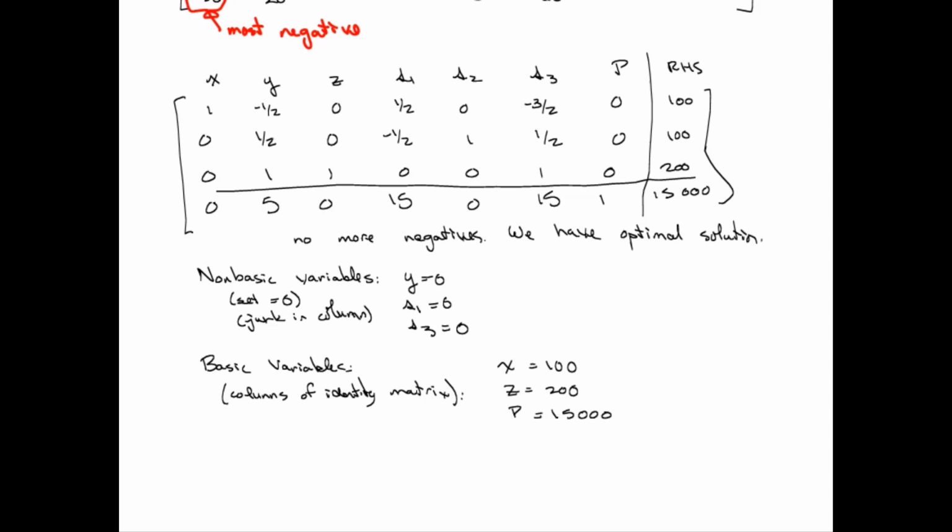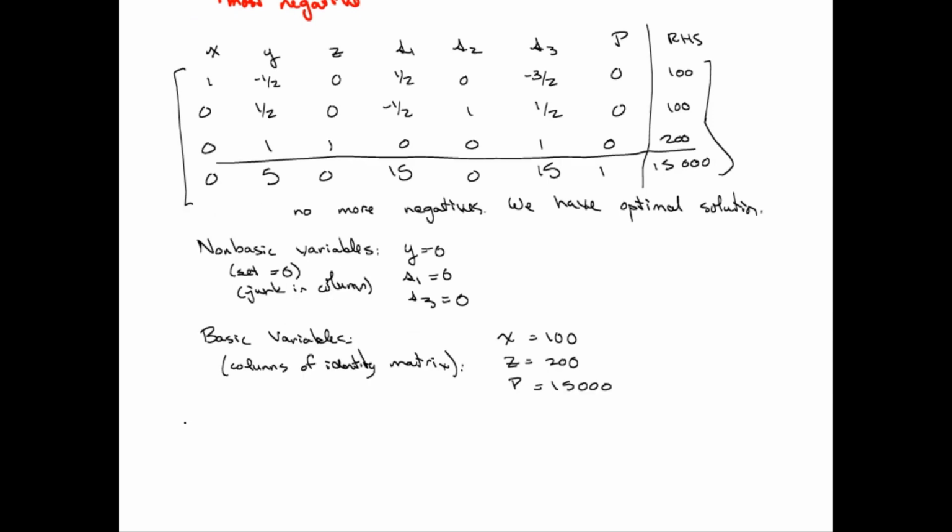Remember, x, y, and z represented the numbers of value sets, regular sets, and deluxe sets of knives. And so here, this means that we should create or package 100 value sets.